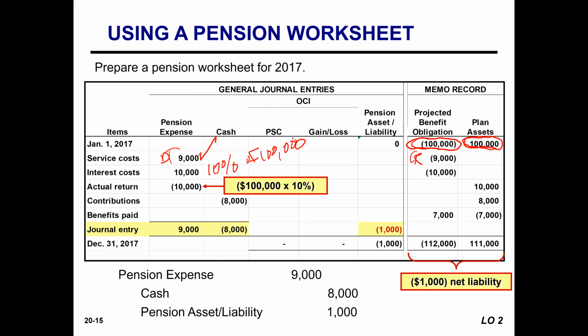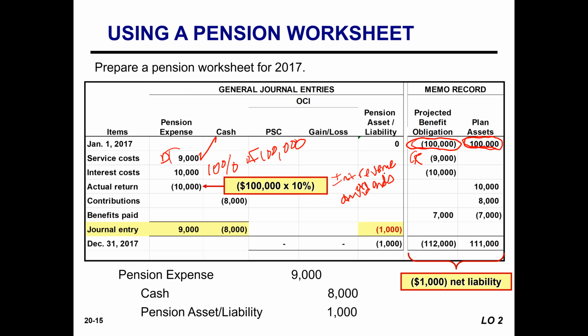Actual return on the plan asset. Again, this is either from interest revenue or dividends that the plan assets, those investments, are paying to us, right? And as you can see, when we have a return, that decreases our pension expense for the year.